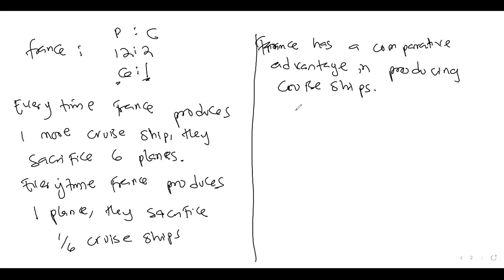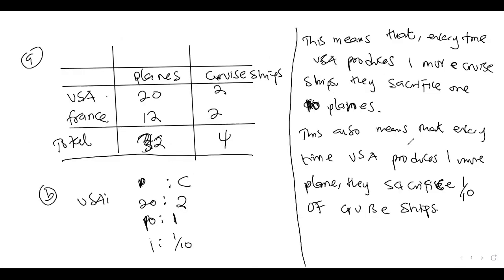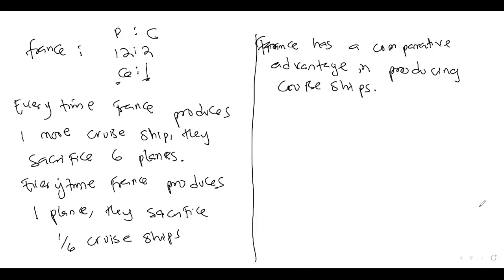Okay, now let's look at that for the plane. If US produces one plane, they sacrifice 1/10 of cruise ships, that is 0.1 of cruise ships. But when France produces one plane, they sacrifice 1/6 of cruise ships. All right, 1/6 is greater than 1/10.